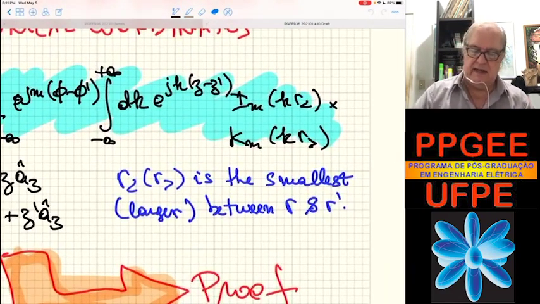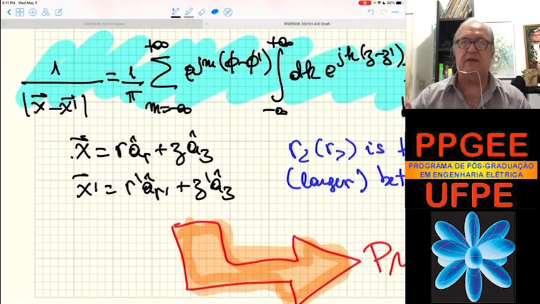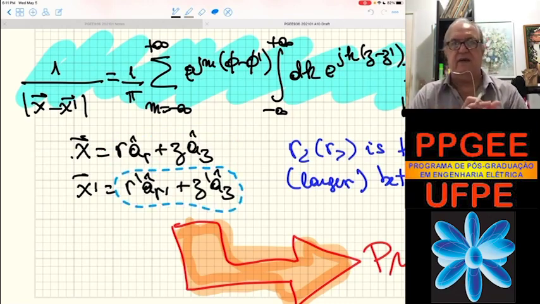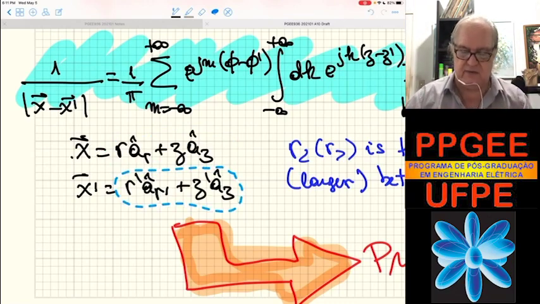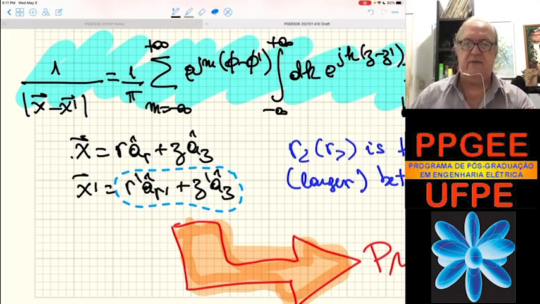R smaller and R larger is the smaller or larger between R and R prime. And recall that x and x prime in cylindrical coordinates are given by those decompositions, right? R in the radial direction and Z in the Z direction, and the corresponding prime variables.